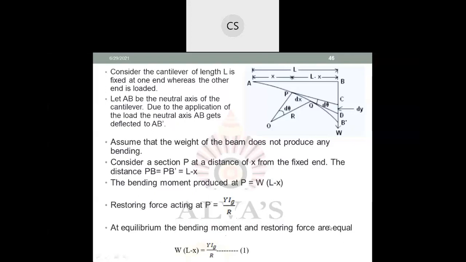The two forces are equal, so you can equate them. So the bending moment is equal to the restoring force.